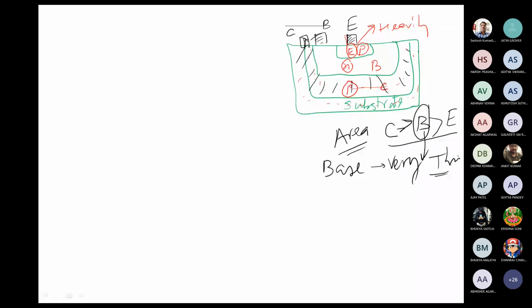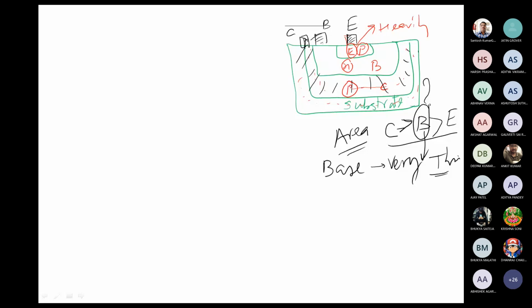We will see that this base has to be very thin. So the area of this may be smaller than emitter, but because this base is coming in between, that's why we are writing here.